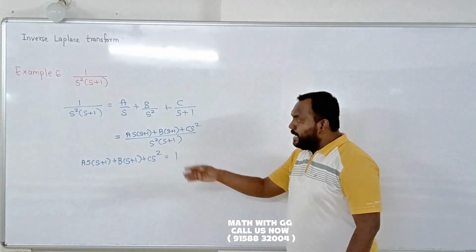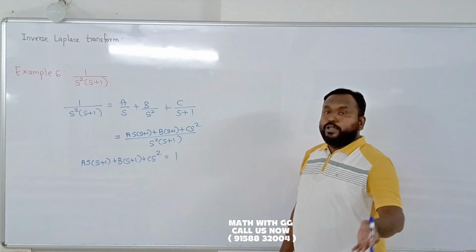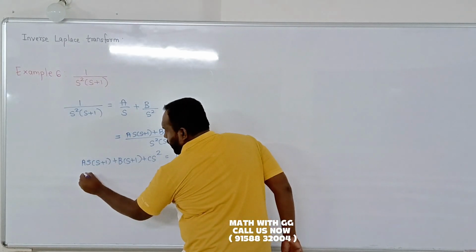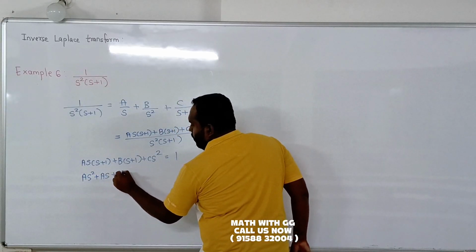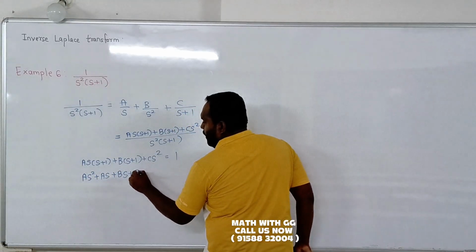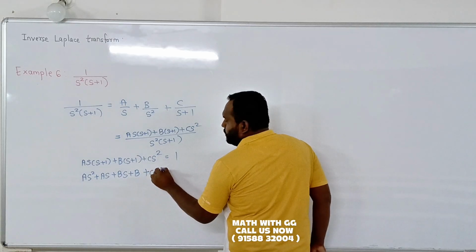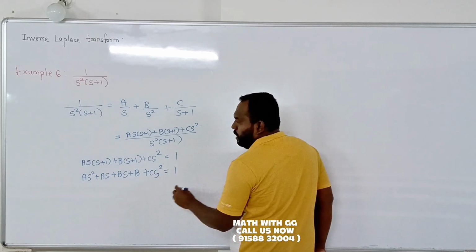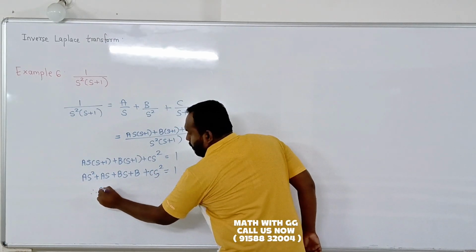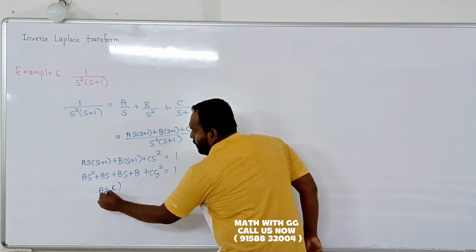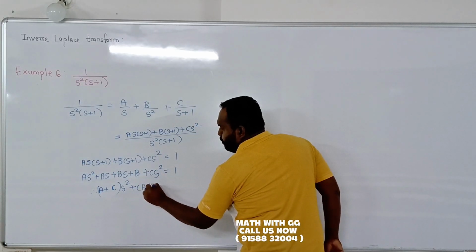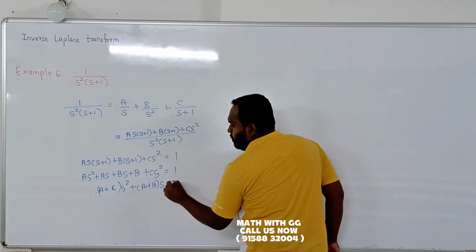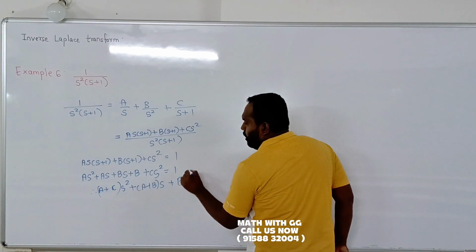Now let's multiply the terms and equate the coefficients. Here we get a s square plus a s plus b s plus b plus c s square equal to 1. Therefore, combining the coefficients, we get (a plus c) into s square plus (a plus b) into s plus b equal to 1.